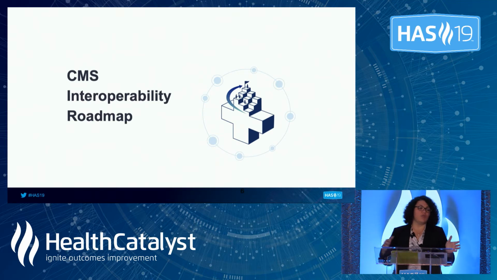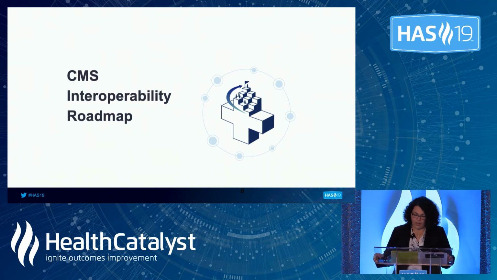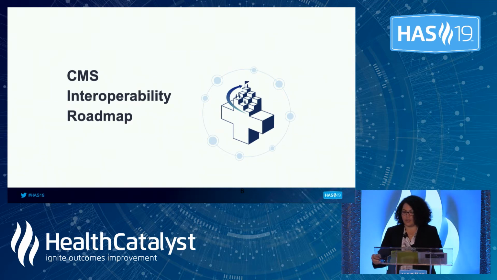We can't unleash innovation. We can't focus on results unless the data is talking seamlessly, and that we're sharing data seamlessly. And we can't have the innovative payment models that we need to improve our health outcomes and decrease costs, et cetera, without interoperability either.